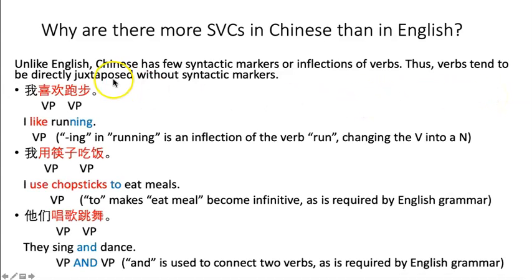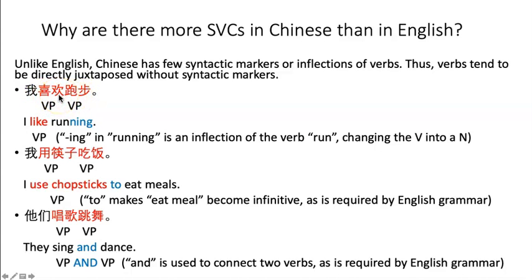For example, 我喜欢跑步. There's no ing form, no change of this form in Chinese, unlike in English. In English, we could add ing to change the form of this verb from run to running. But in Mandarin, there is no such inflectional process. The verb remains the same, still 跑步, still 喜欢.